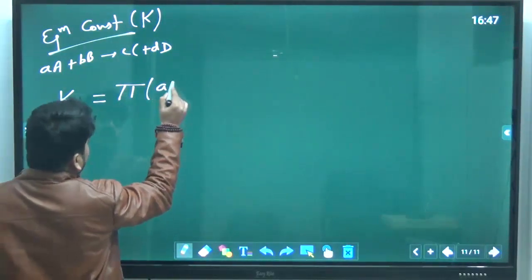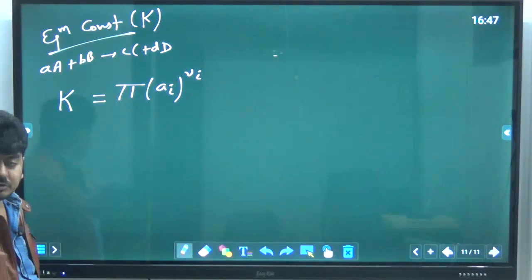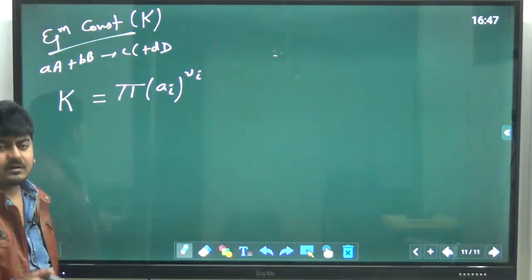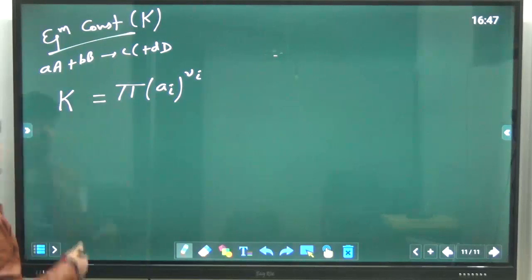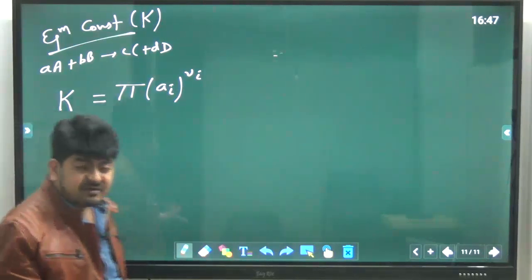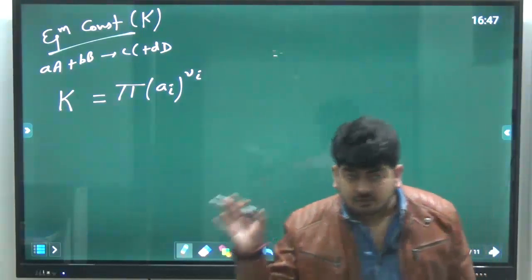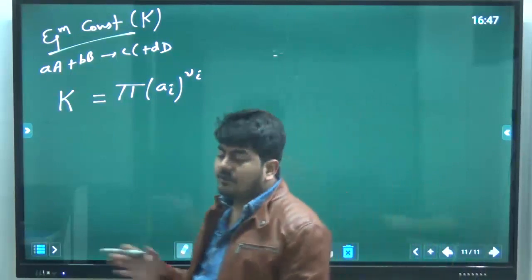That is product summation ai power nu i. You should know that it is always activity; the equilibrium constant is always defined in terms of activity of the components. Because activity means the effective concentration. What is the meaning of effective concentration here? Effective concentration means that part of the total concentration which is participating in the process.